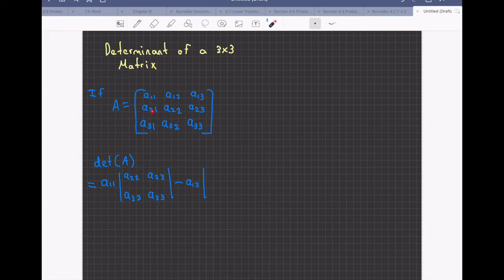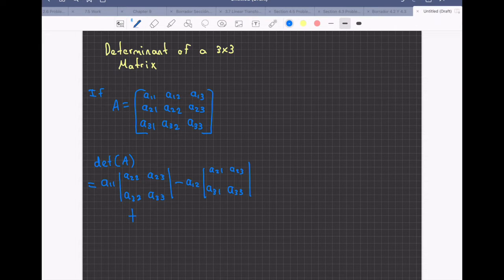What is left? A matrix with size 2 by 2: A21, A23, A31, and A33.